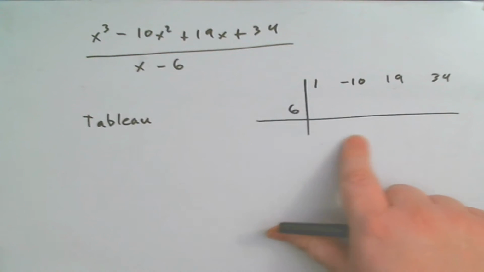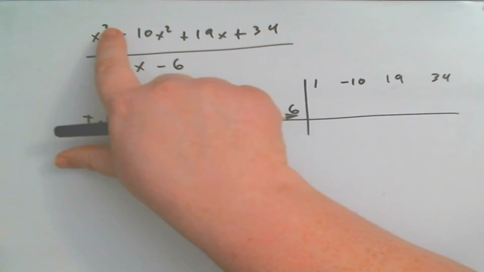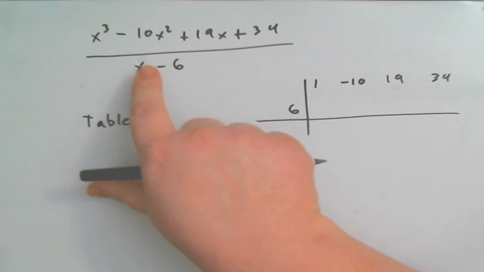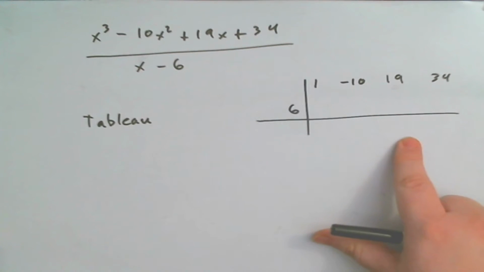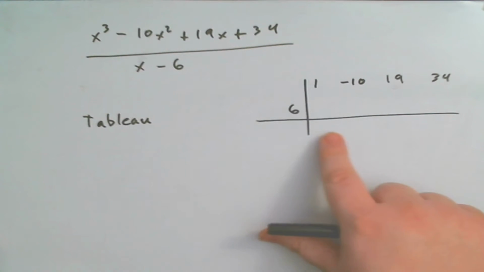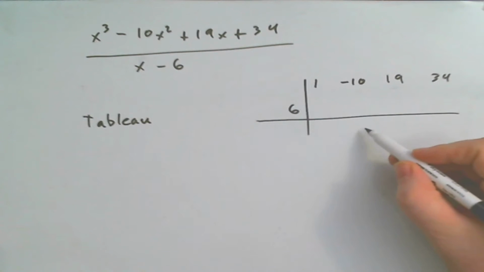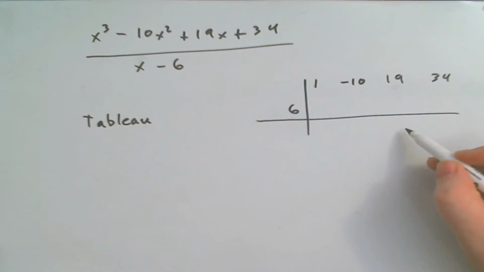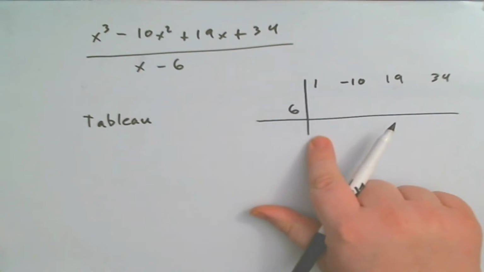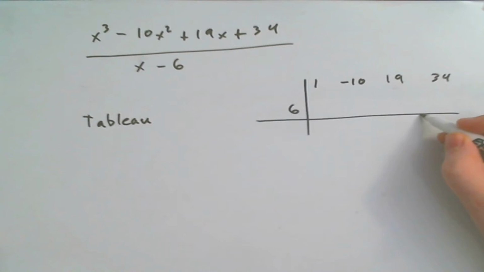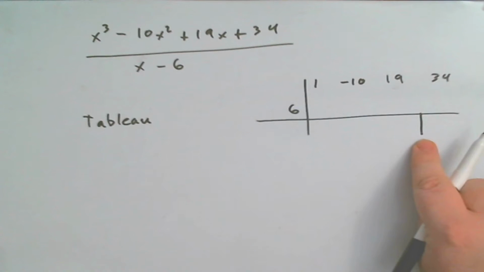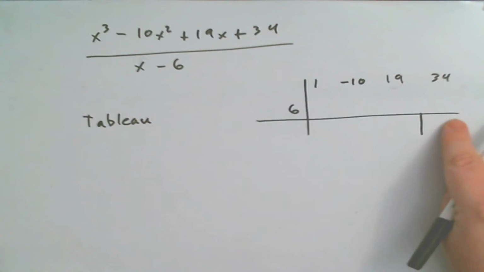And our quotient's degree is always the numerator degree minus the denominator degree. So 3 minus 1 is 2. So we're going to have at most 3 terms here for our quotient, because it's going to be a quadratic: 1 term for the square, 1 for the linear, 1 for the constant. And then over here, we're going to put a little vertical bar to denote where the remainder goes, this constant here.